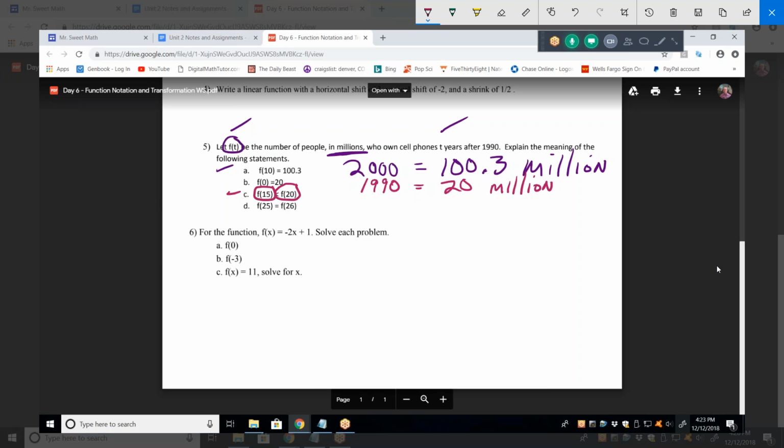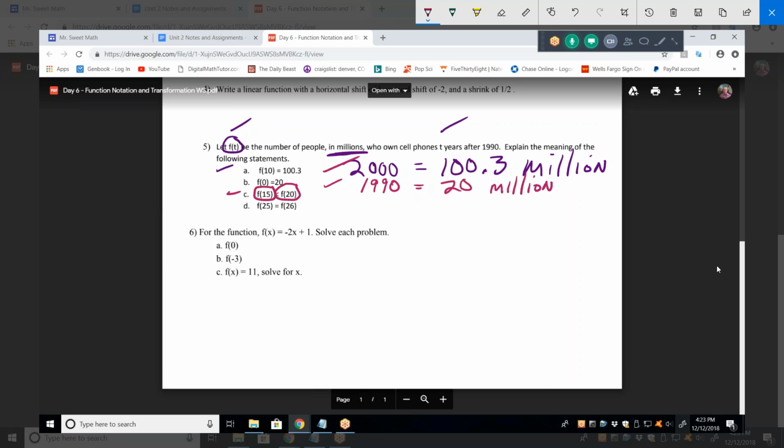Okay? All of which makes sense, right? This fits with reality. In 1990, there probably were only 20 million people that had cell phones. And in 2000, there were probably 100 million. That's about a third of the country.